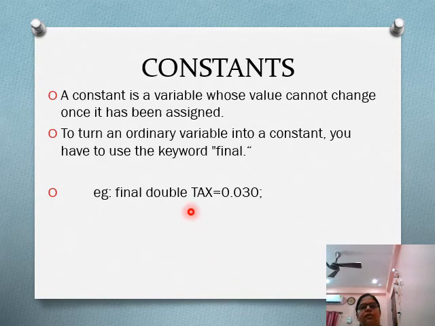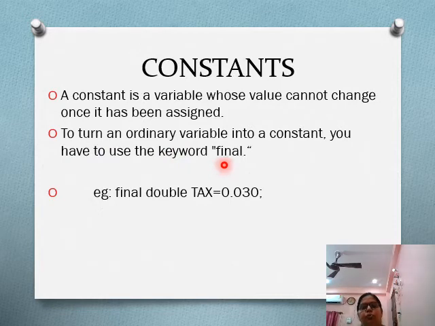Now constants. A constant is a variable whose value cannot change once it has been assigned. It means that if we have assigned a value and we make it a constant, then the value is not going to change. To turn an ordinary variable into a constant, you have to use the keyword final.